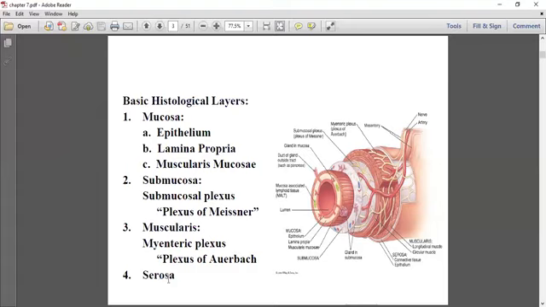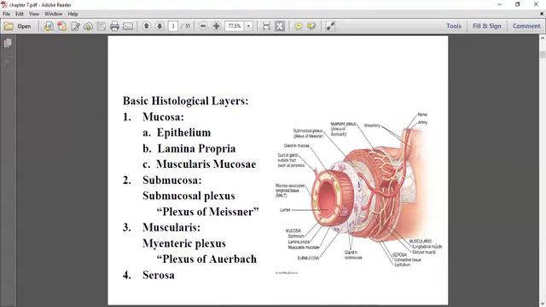The serosa, as I said, is related to the inner membrane of the serous membrane that lines the peritoneal cavity, which is the visceral membrane, and is mainly composed of simple squamous epithelium.